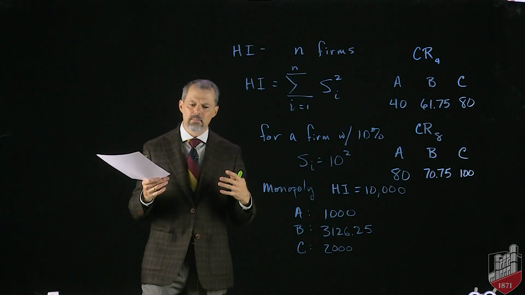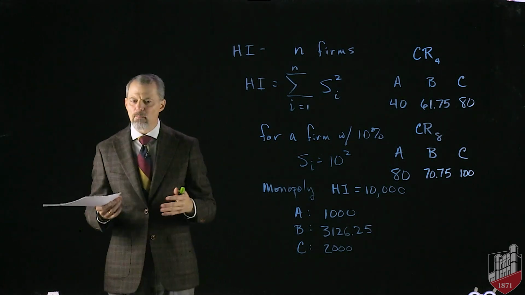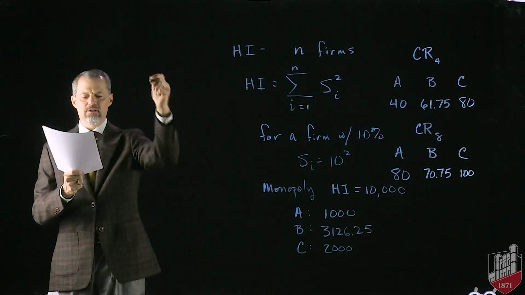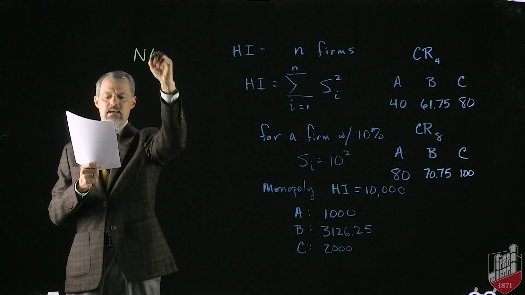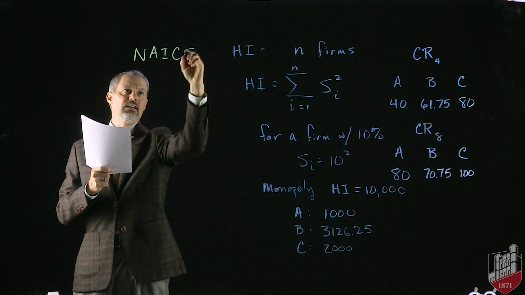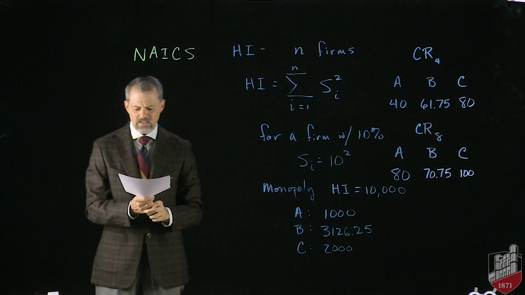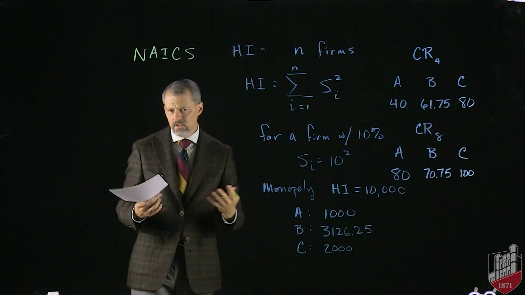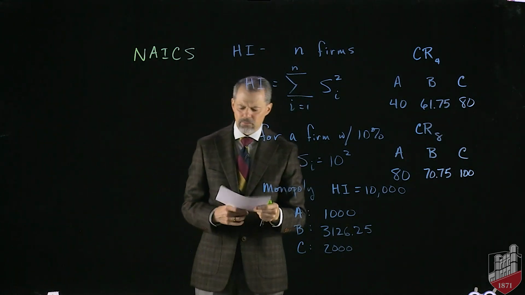So to get guidance in how a market should be defined, there's something referred to as the NAICS. That's the North American Industry Classification System. It's just one of, there are some others out there.